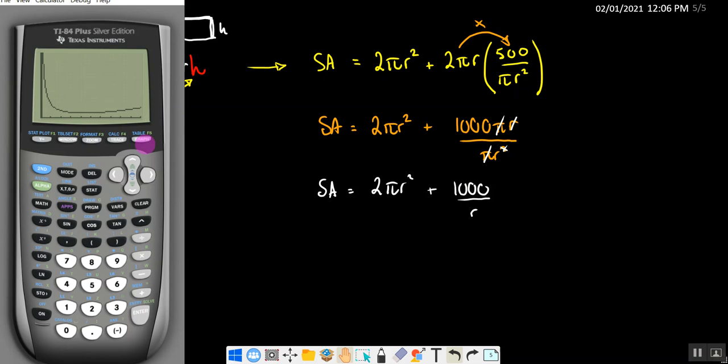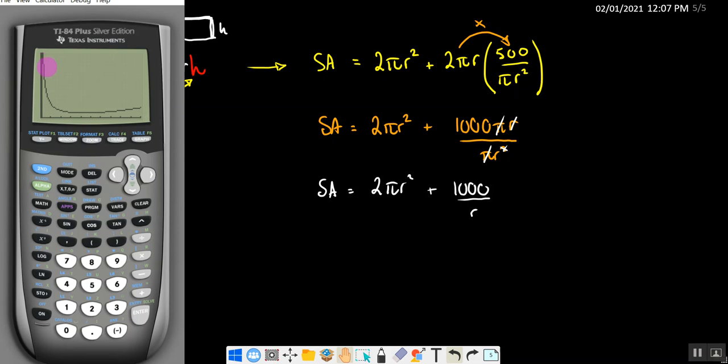It's a slightly tricky one on this question, but can you see, look, when r is really small, we've got a massive surface area. Imagine a can that's like the thickness of a pencil, right? All of that material is one long straw, basically. So straws have a high surface area for the volume, right?